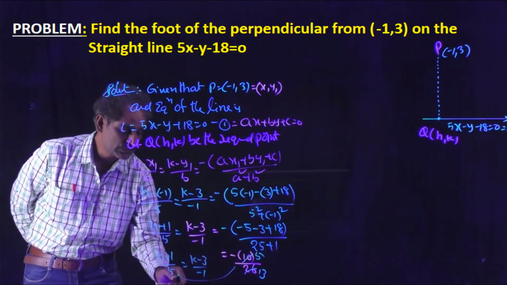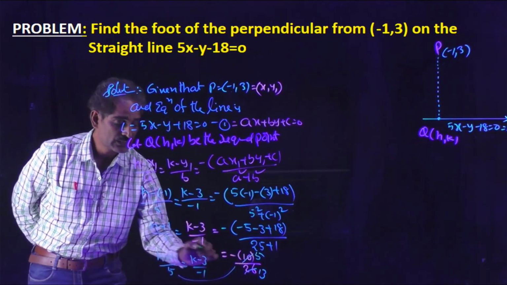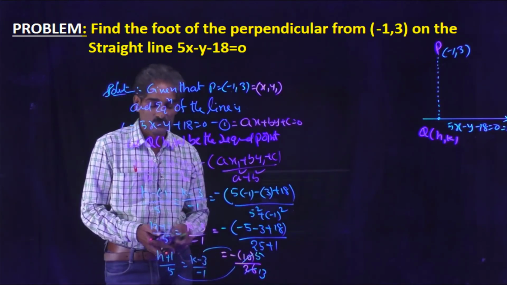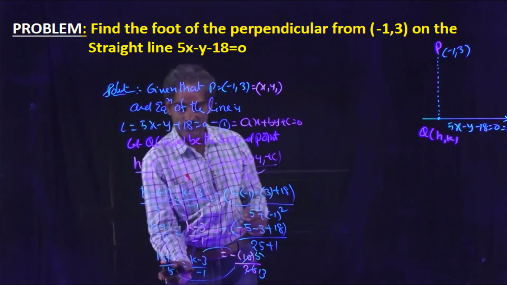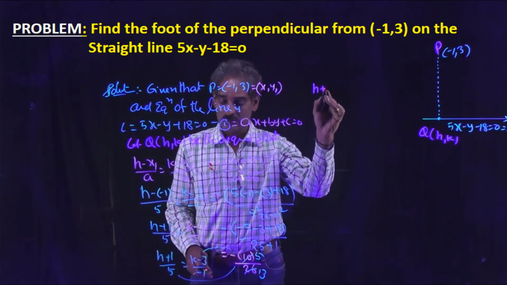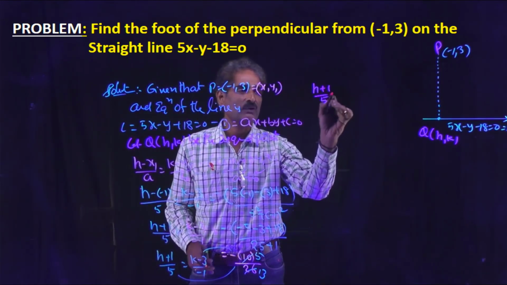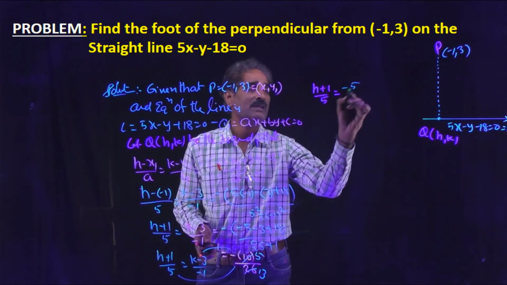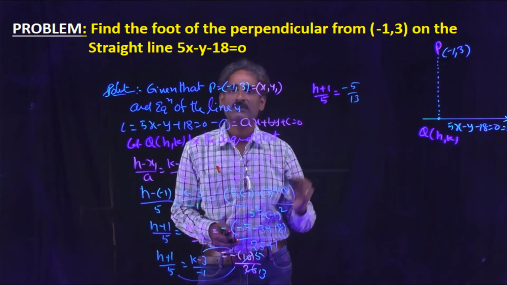So equate these two, we will get the h value, and with the help of these two we can find out the k value. Okay, so first equate this and this, then we get (h + 1)/5 = -5/13.